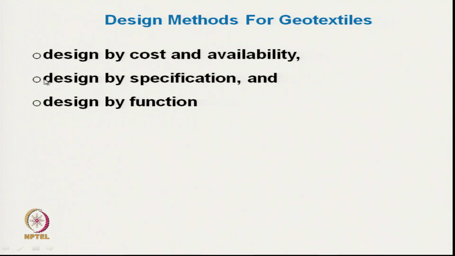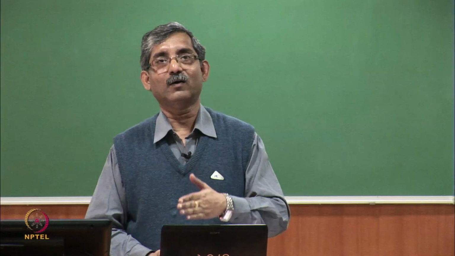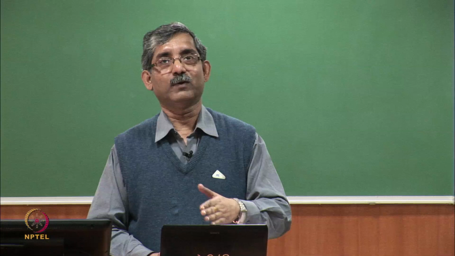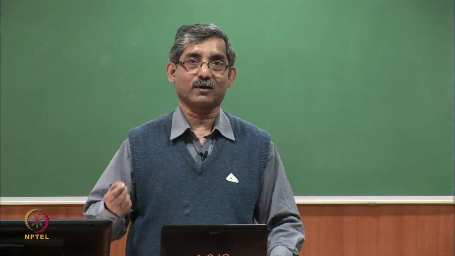So, design we can do based on the cost and availability of the material. Like we want to construct a road and our available fund is limited. So, depending on our available cost, we must design accordingly, or available product.